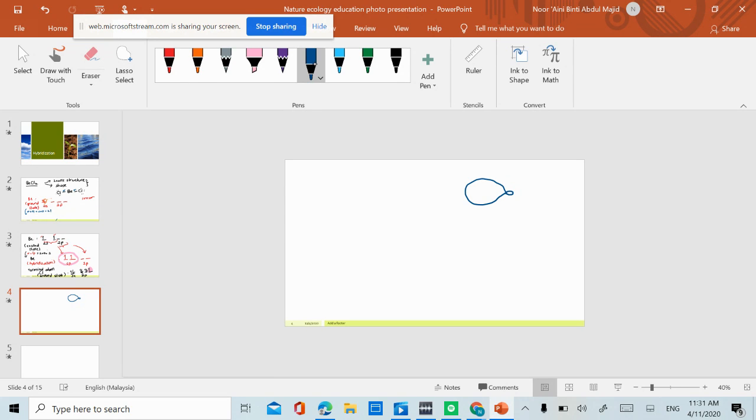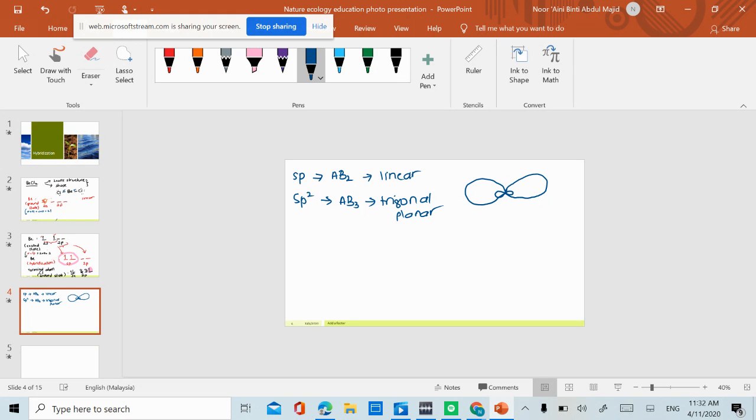So if we have 2, it looks something like this. Remember, sp has AB2 arrangement. That means the shape will be linear. sp2 has AB3 arrangement. Therefore, the shape is trigonal planar, and so on.